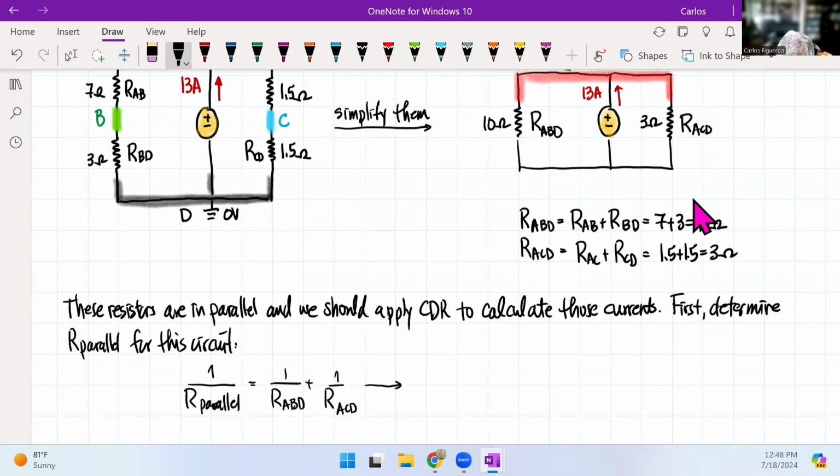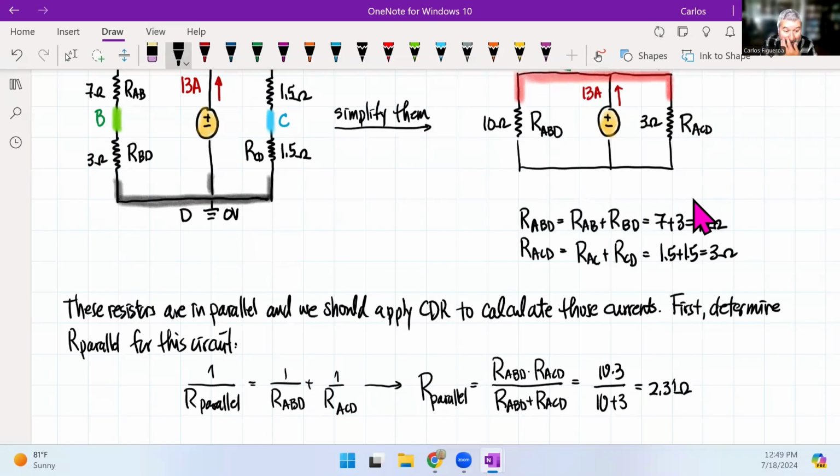But if I do my manipulation, I have the algebraic identity that this will be RABD times RACD divided by the sum of these guys. If I now put in my values, this will be 10 times 3 divided by 10 plus 3. And if I calculate that resistance, I get 2.31 ohms. So now I know what R parallel is.